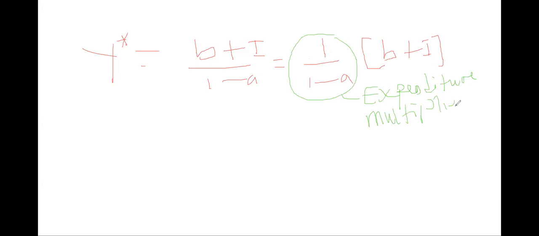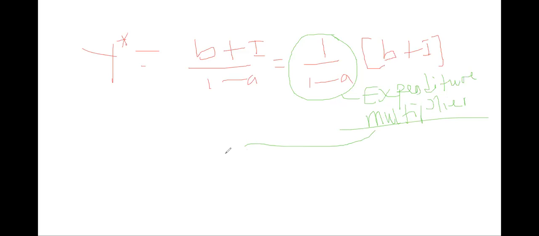So what does this expenditure multiplier mean? It means that if income increases by one unit, then expenditure will increase by 1 over 1 minus a. But we are going to see a practical example under this.